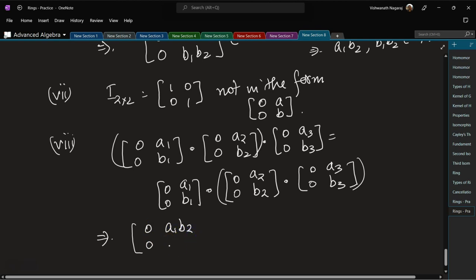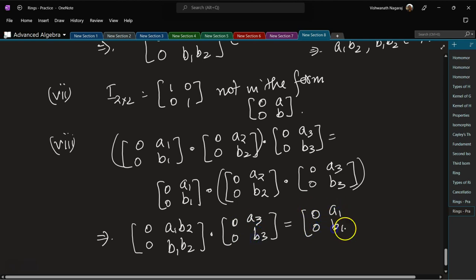So [0, 0; A1 B2, B1 B2] times [0, 0; A3, B3] equals, and here [0, 0; A1, B1] as it is times, let's multiply these two, we get [0, 0; A2 B3, B2 B3].